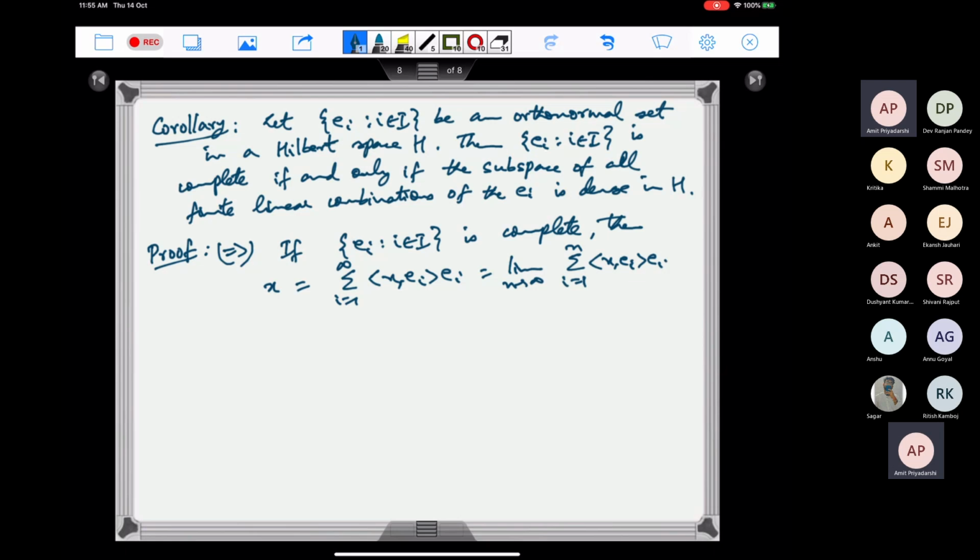So this belongs to the subspace containing finite linear combinations, and its limit is x.